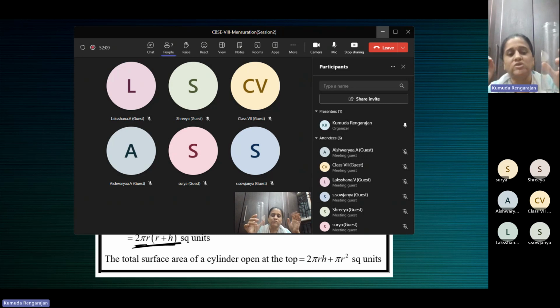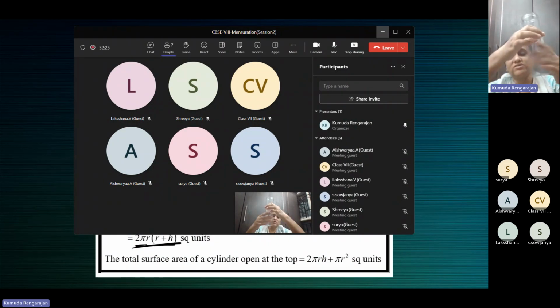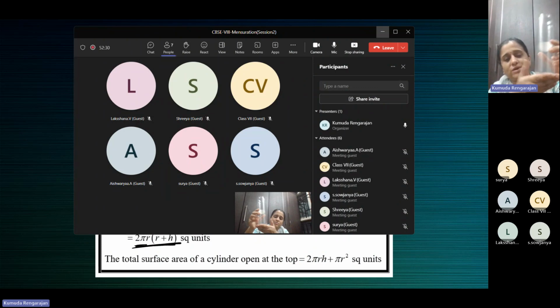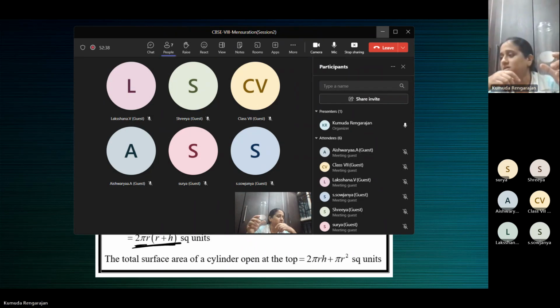They'll say, find the total surface area, and it will be wherever the material is used. Is the material used for the CSA? Yes, so you should find the CSA. Is the material used for the base? Yes, so you should find the area of the base. Is the material used on the top? No, it's open. There's no material there.